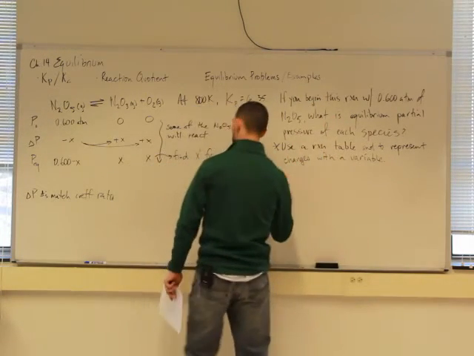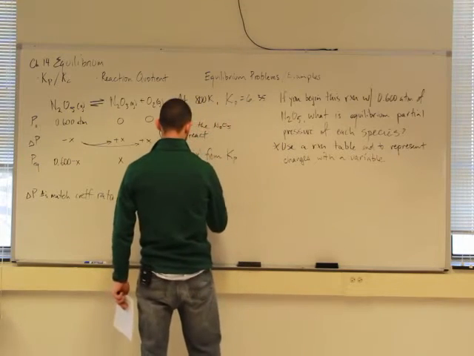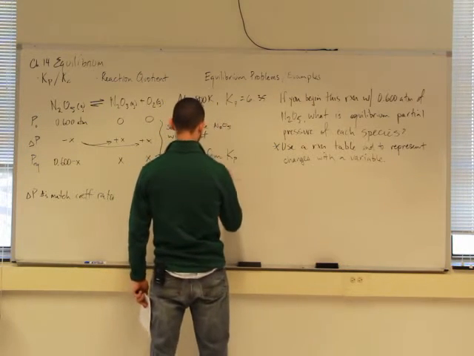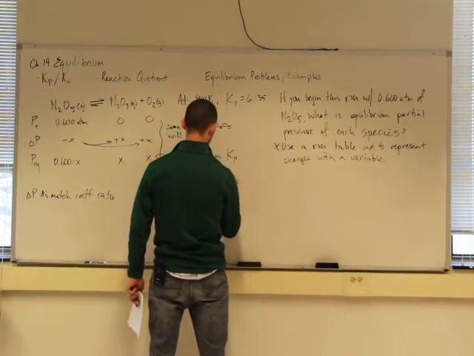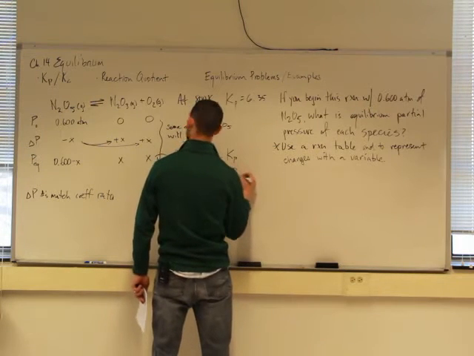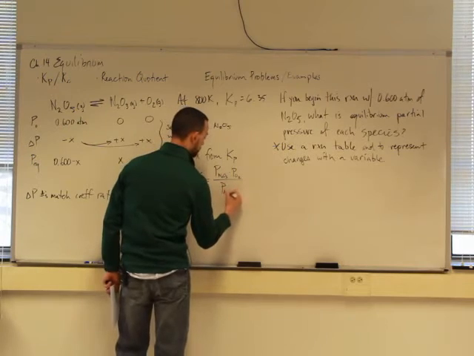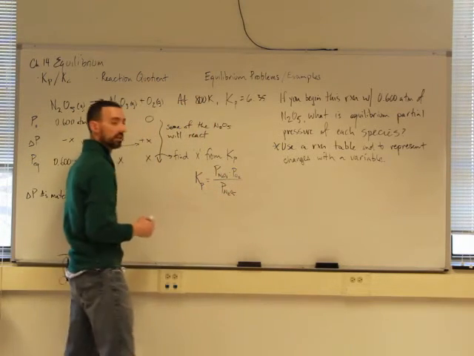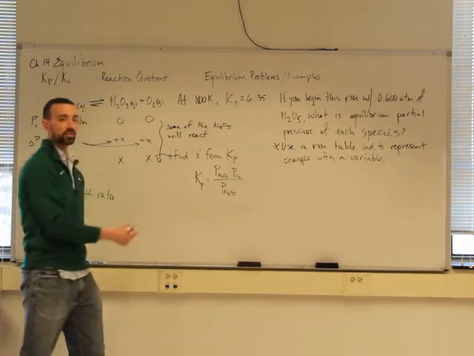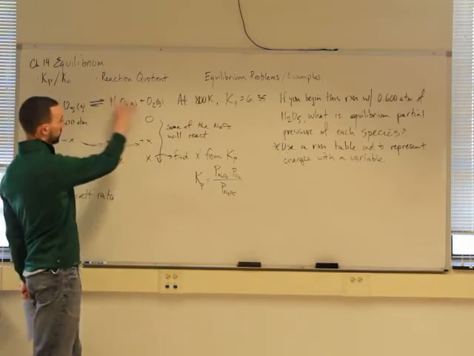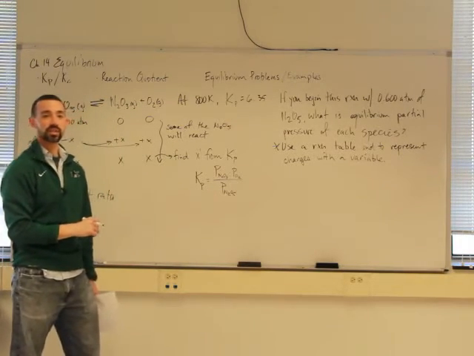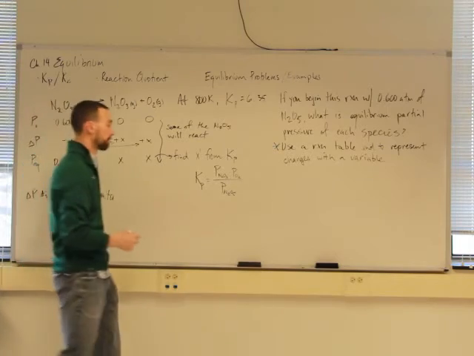So what is our equilibrium constant expression? Kp is the pressure of N2O3 times the pressure of oxygen divided by the pressure of N2O5. Just like we've been writing, products over reactants. Again, no coefficients to become exponents here, so we're in good shape.